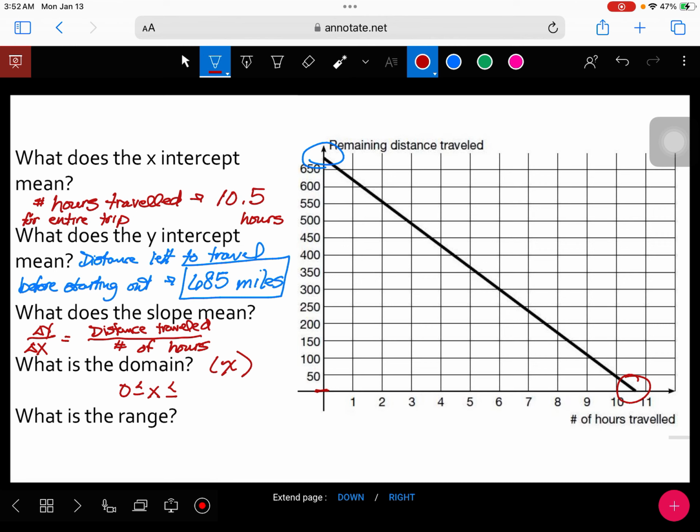I just said that and looking at it, I'm going to put that for now. And finally, the range is your y values. And that is going to be 0 is less than or equal to y, which is less than or equal to 685. So that is your range.